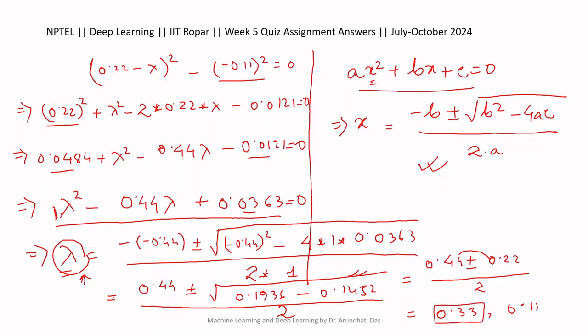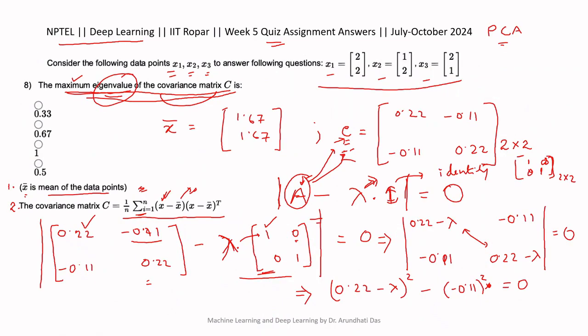And this lambda is not a simple unknown variable, but it is the eigenvalue for the covariance matrix C that I have taken. So the eigenvalues I have got are 0.33 and 0.11, right?